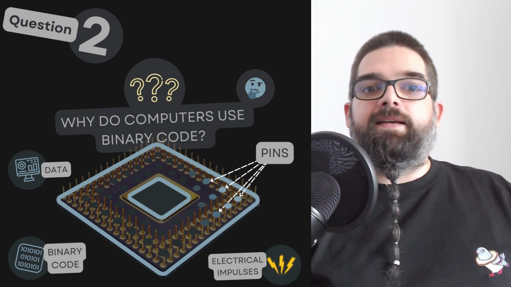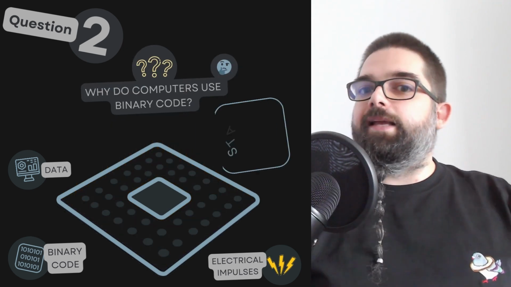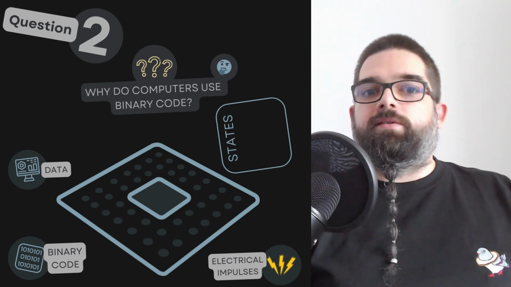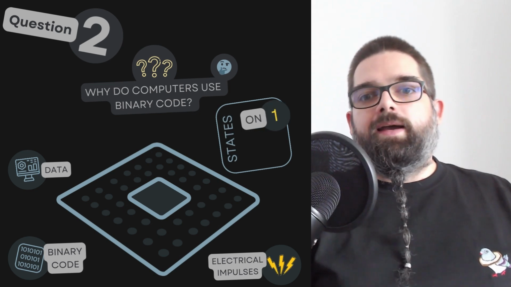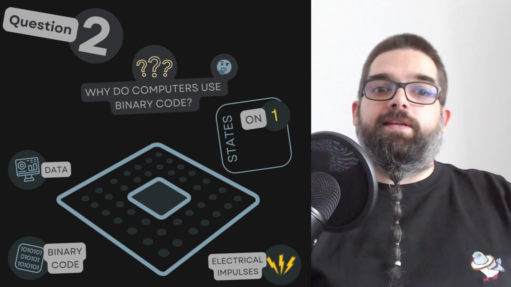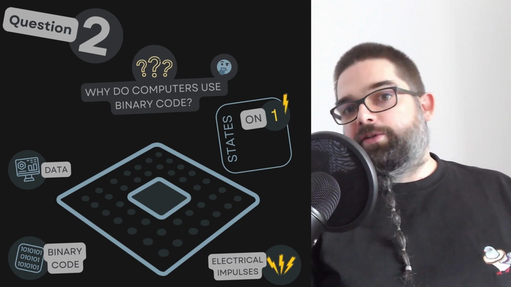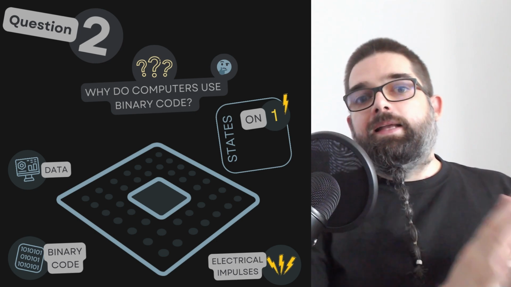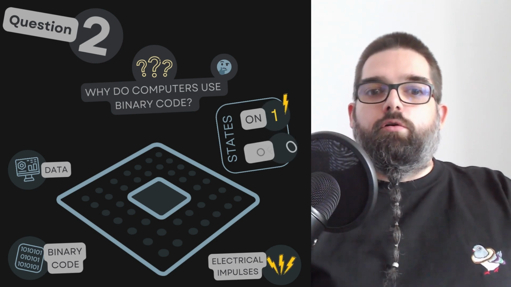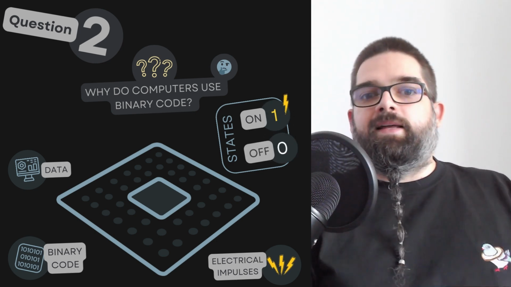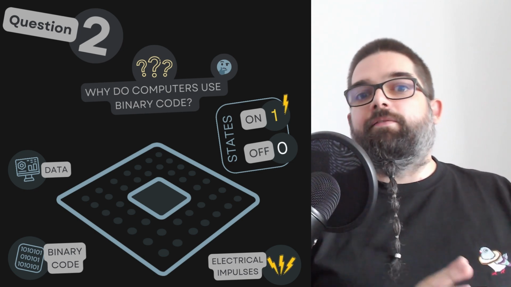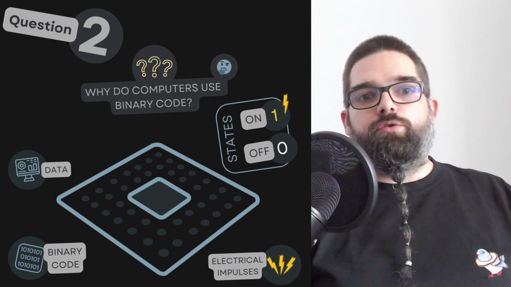Each pin can take one of two possible states at the same time. State on, in other words, high state, where electrical impulse is present, which is represented by value 1 in a binary code, and state off, or low state, where there is a lack of electrical impulse, which is represented by value 0 in a binary code.